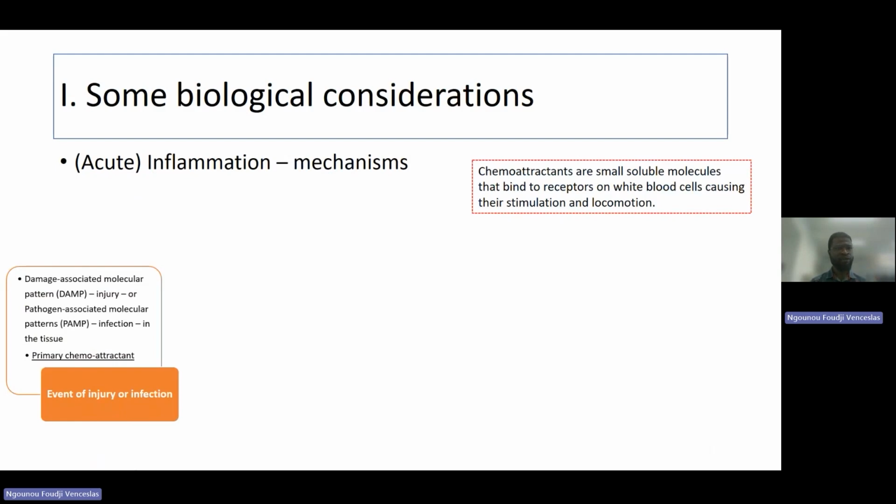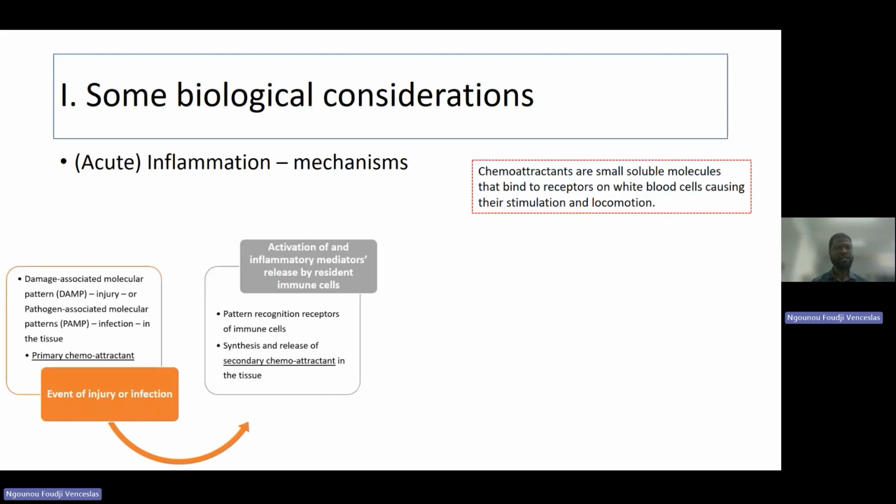The presence of these primary chemoattractants will activate the resident immune cells or scouting new immune cells present in the tissue via their pattern recognition receptors.